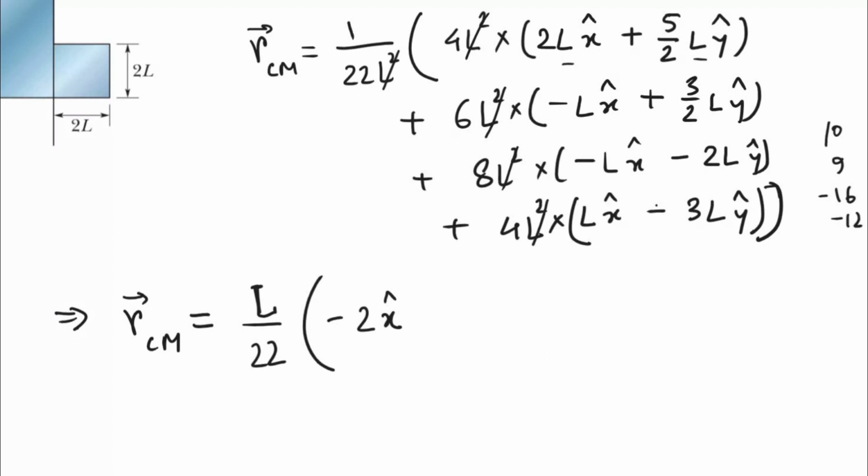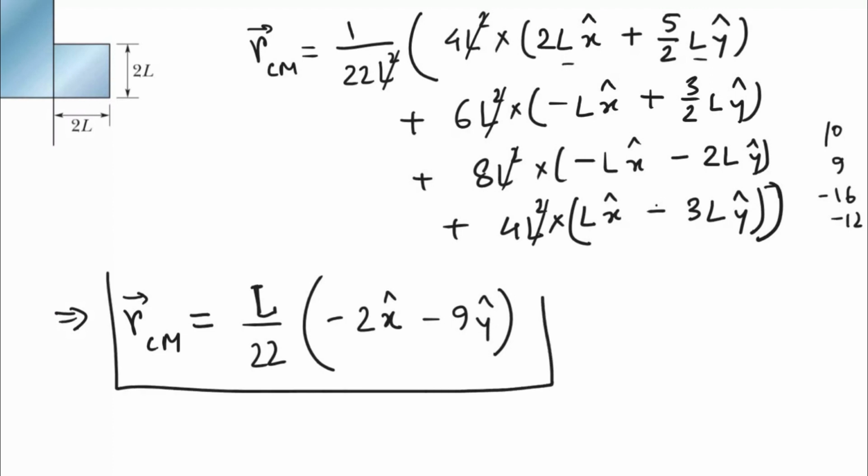Interesting. So that gives us 19 minus 28, which should be minus 9 y hat, if I'm not wrong. So this is the position of the center of mass for this weird figure. Okay, and that concludes this video.